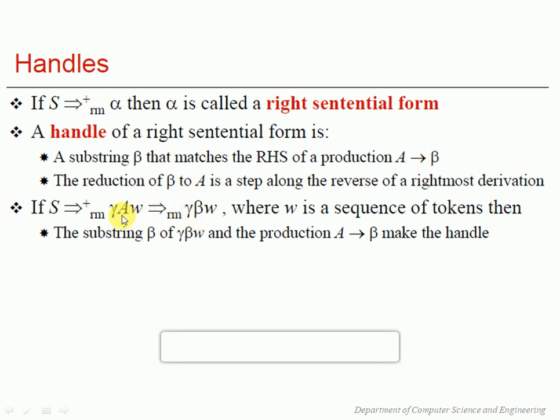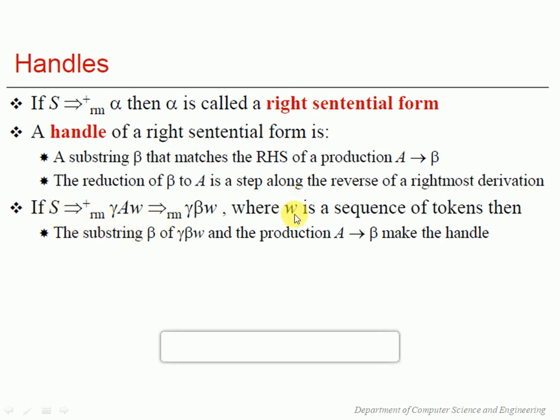Since it is a rightmost derivation, A is getting replaced using beta. That means A is the rightmost non-terminal in this particular sequence, which means w will have only terminals in it. So A is the last or rightmost non-terminal available in this sequence of symbols, which can be called a right sentential form, since we are following a rightmost derivation.